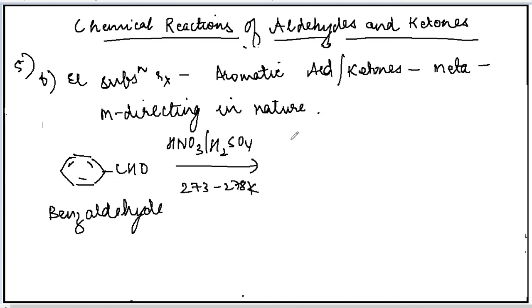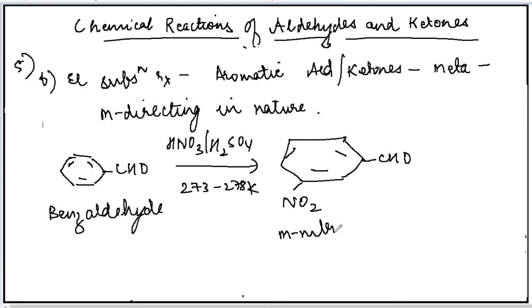So these are meta directing. So the final product that will be formed is, this is the ortho, this is the meta position. So the final product that is formed is meta nitrobenzaldehyde.